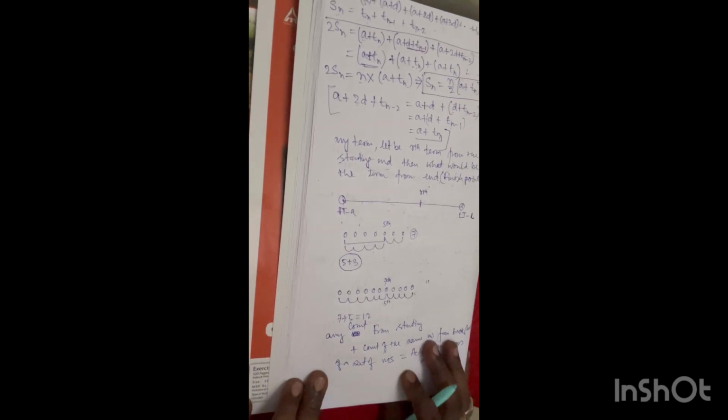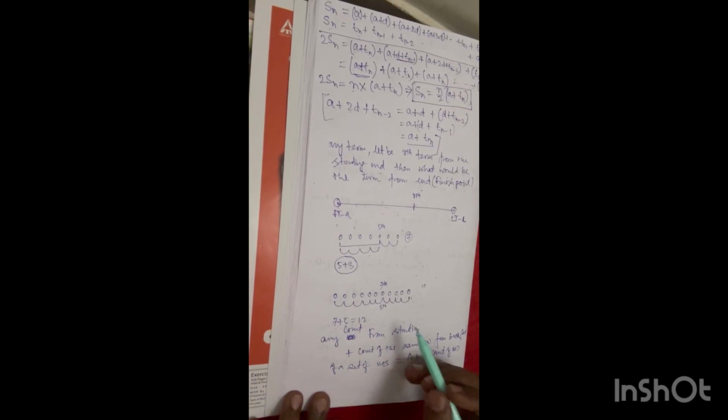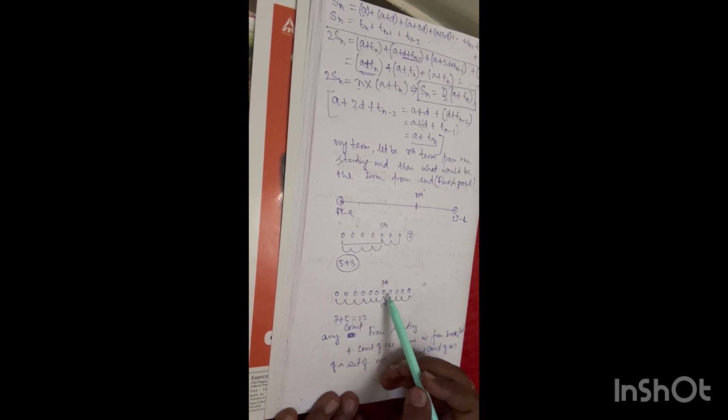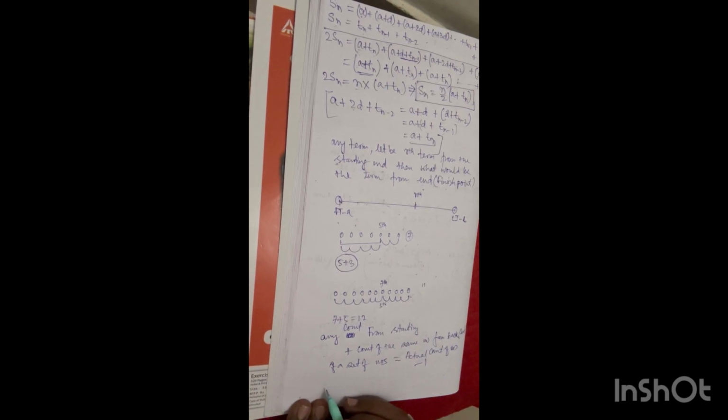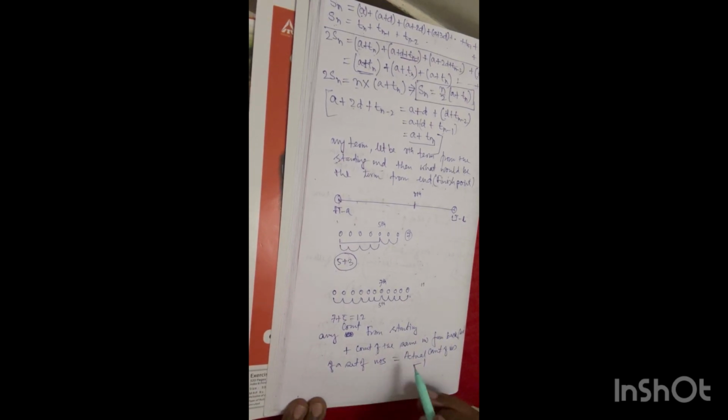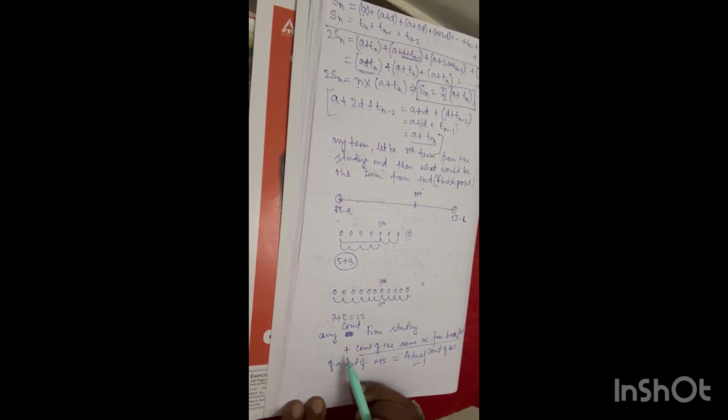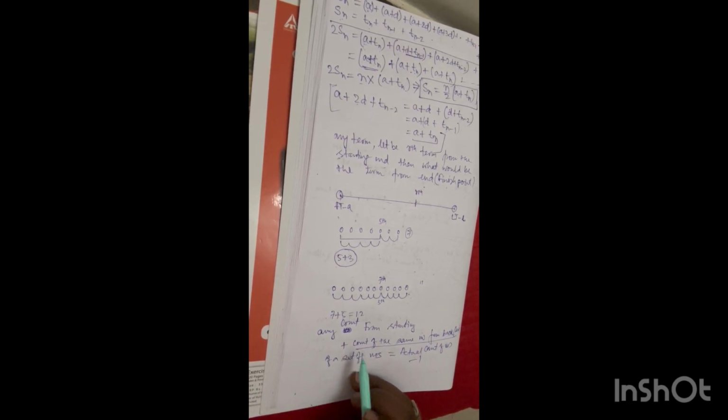So if I have to know the count of the number from the last end, how will I get it?